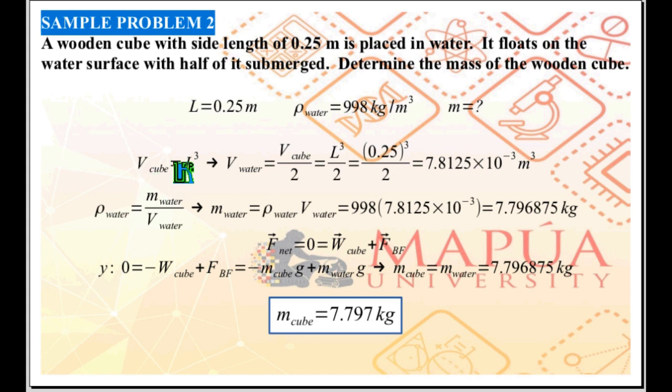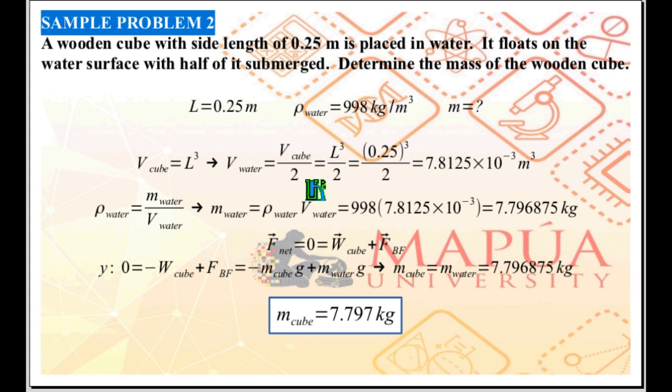The volume of the cube is just L cubed. Half of the cube is submerged, meaning half of the volume of the cube is displacing the water. So the volume of the displaced water is just half the volume of the cube.